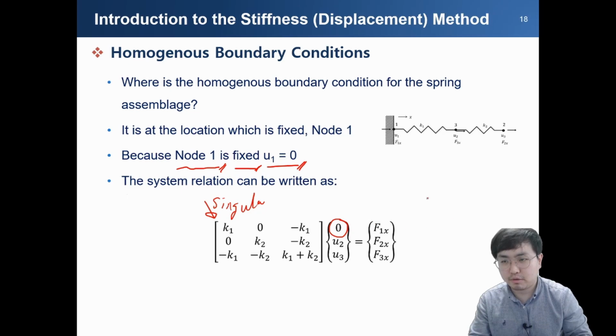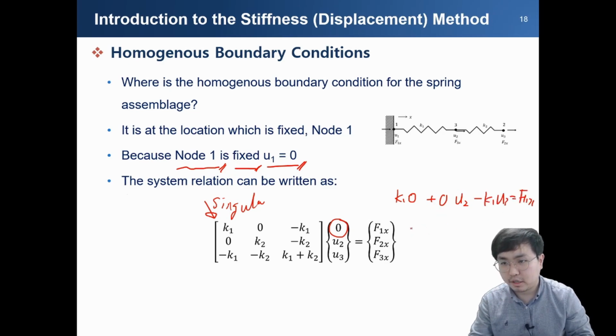However, let's rearrange this equation. First equation: K1 times U1 equal to 0, 0 times U2 minus K1 times U3 equal to F1x.